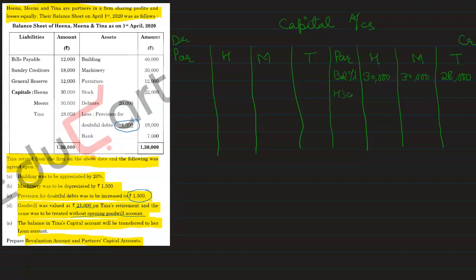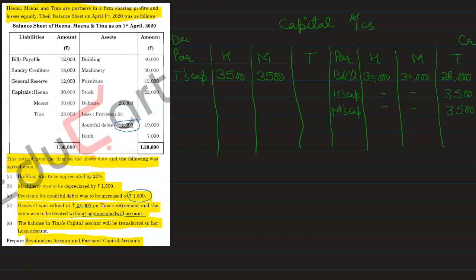Hina's capital and Meena's capital were giving her equally 3,500, so her account was increasing by 7,000. And when they are giving, their capital will be reduced: 3,500 in Hina's capital, 3,500 in Meena's capital.